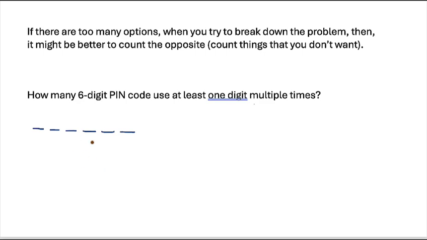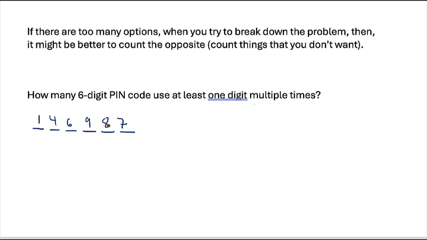And this might be your door lock or something that you have to set up a pin for. Okay. Now, this could be, for example, a 1, 4, 6, 9, 8, 7. It is a valid pin.